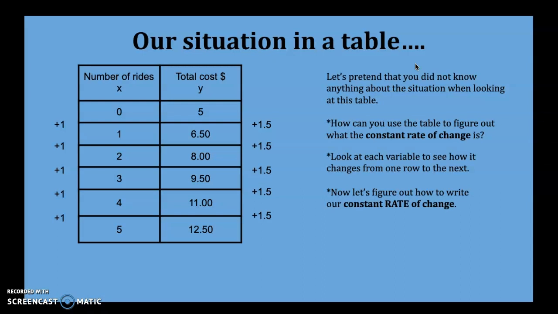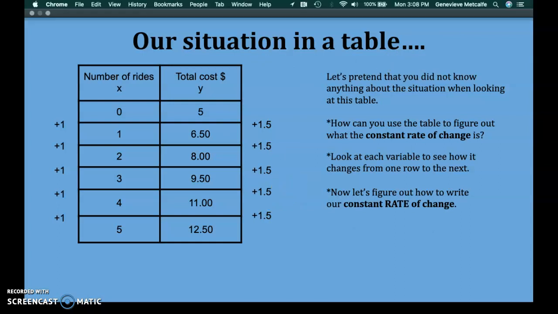Would we say one ride per $6.50? Well, that doesn't really make sense. But if we said $1.50 for going on one ride, that makes a little bit more sense, right? That $1.50 is dependent compared to our independent. So that's our change in y over the change in x.